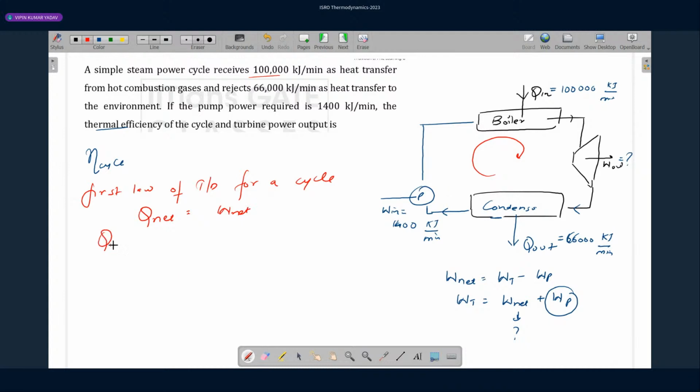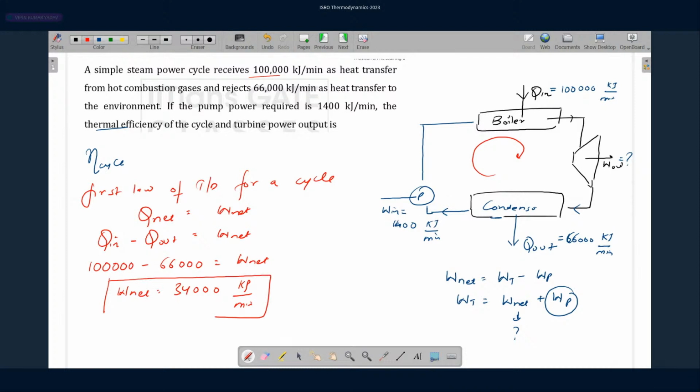So Q in minus Q out is equal to work net. What is Q in? 100,000 minus 66,000 is equal to net work. So net work you will get here is 34,000 kilojoule per minute.